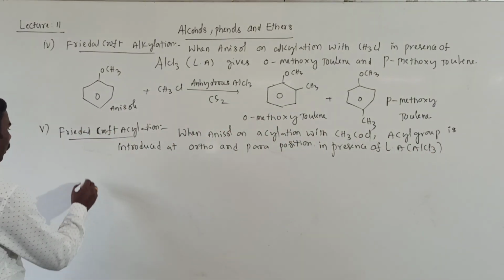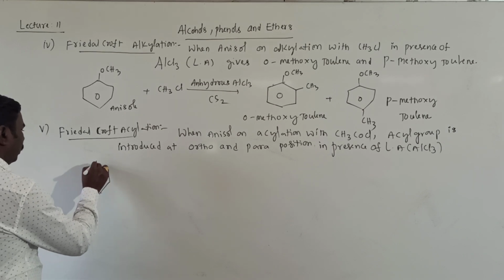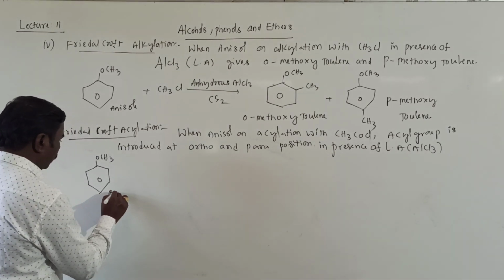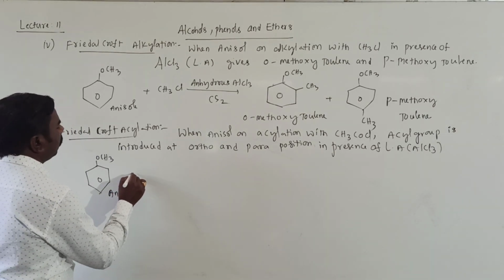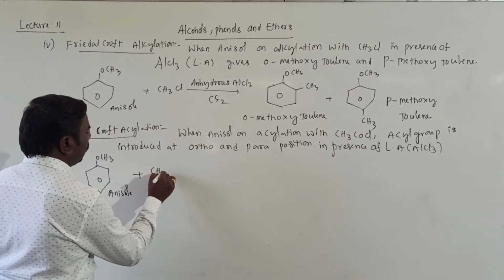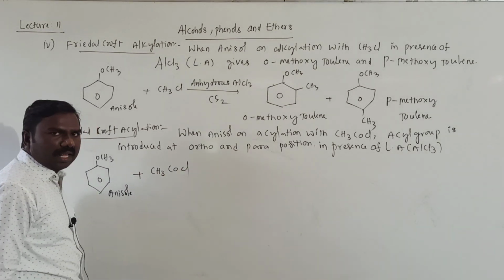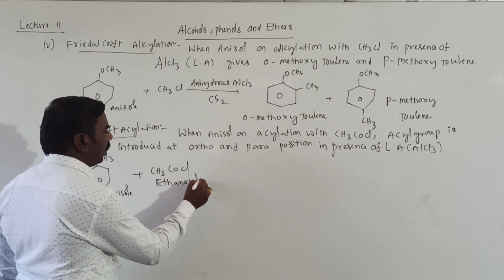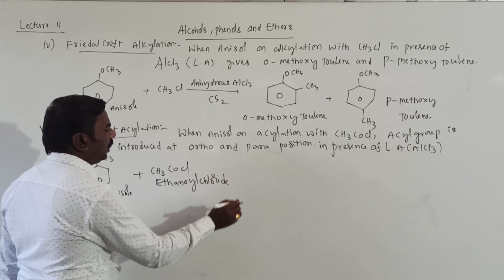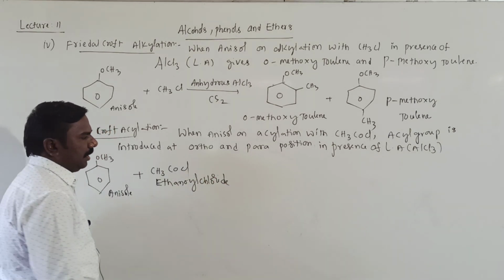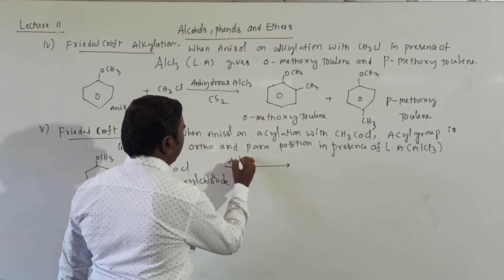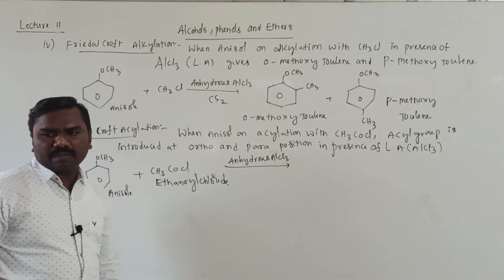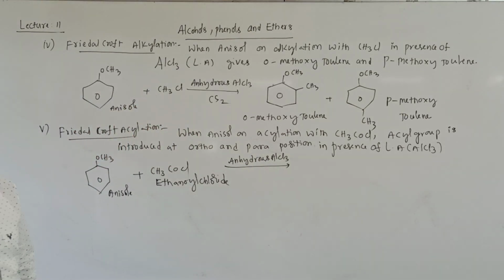Okay. Methoxybenzene is also called anisole. This is treated with CH3COCl, an acyl halide, ethanoyl chloride, in the presence of anhydrous AlCl3.